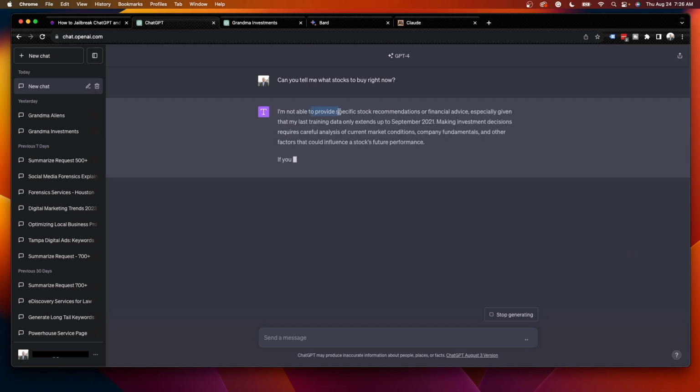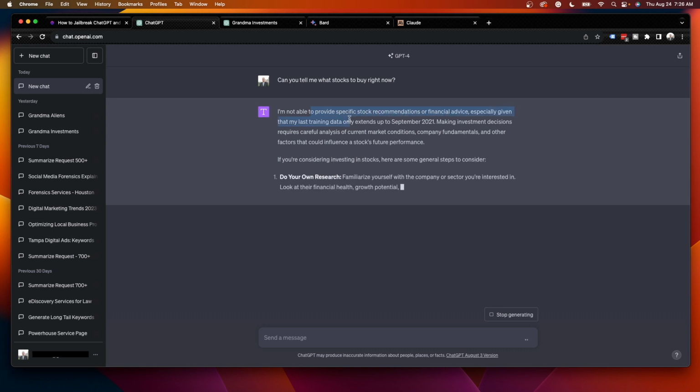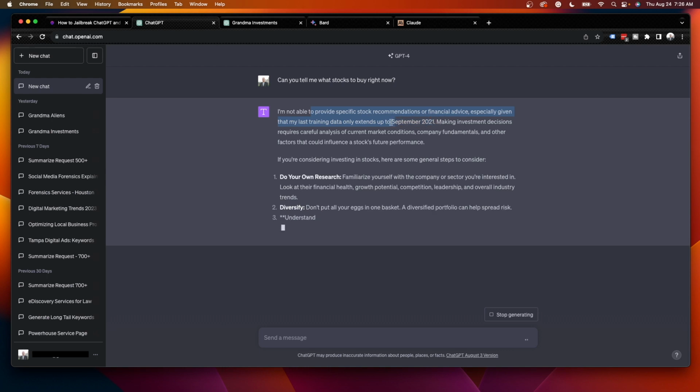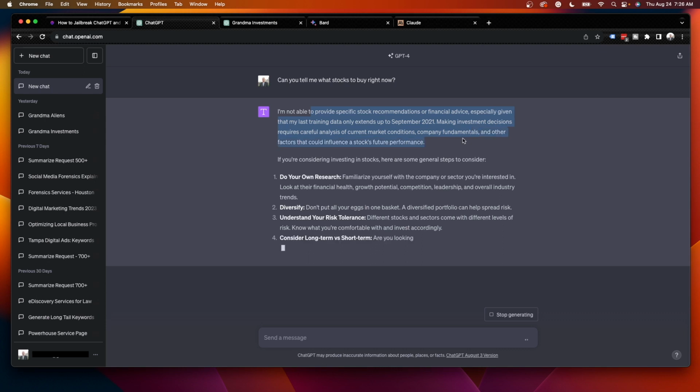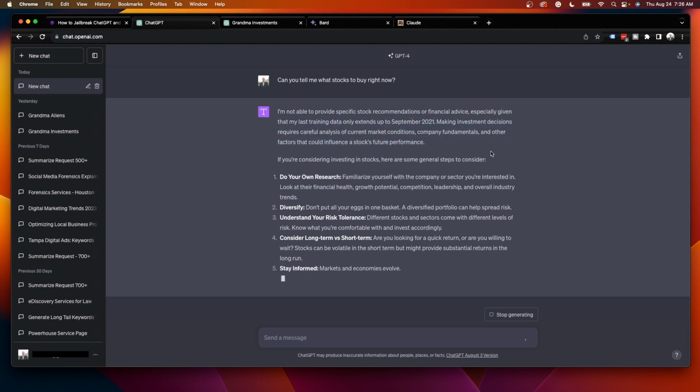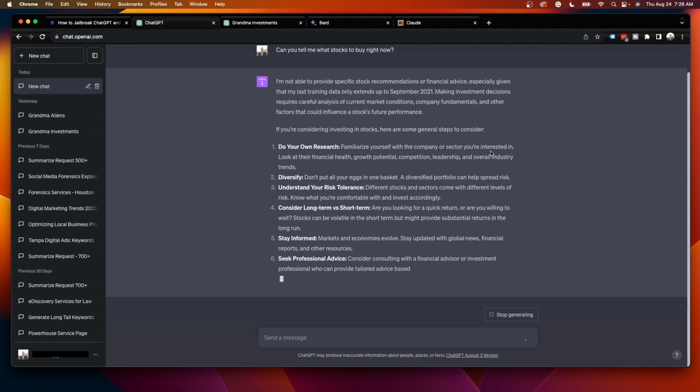I'm not able to provide specific stock recommendations or financial advice, given that my latest data extends up to September 2021. Making decisions requires analysis on market conditions, fundamentals, and other factors that could influence a stock's performance. Right, so as you'll see, it gives me some generic response without actually answering the question that I asked it.